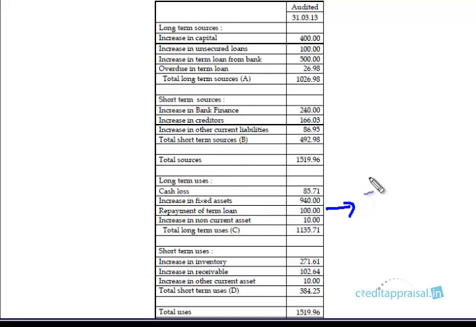Actually, the company did not repay 100 lakhs. If there's an overdue of 27 lakhs, it means that the company has repaid only 73 lakhs. Okay, actually, instead of showing it here, if we had shown a netting of 73, that would have been more intuitive, you would have understood, but you can show it that way or this way, that doesn't matter. Okay, the end effect will be same, right?